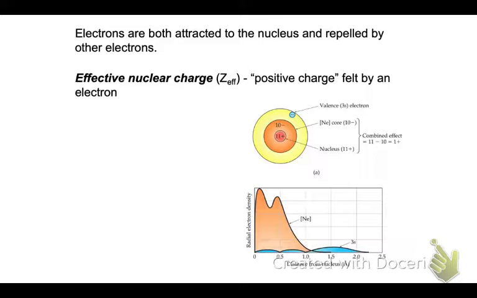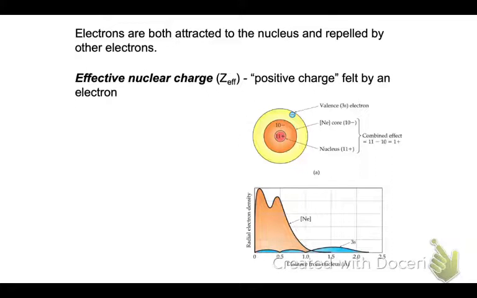So, here is an example. This is a sodium atom. Sodium has 11 protons in the nucleus, 11 plus charge, and it does have 11 electrons around it. 10 of them are what we call the core electrons and 1 is valence. So the 10 electrons are in n=1 and n=2, and then the valence is the 3s electron.